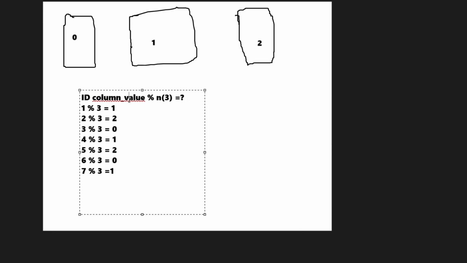Over here, the column value for each and every ID will now change to model year, because I don't have an ID column in my table, so instead I'm using model year. Model year is a numeric value, so obviously it can be divided by a number, and then the remainder is something that we can get.